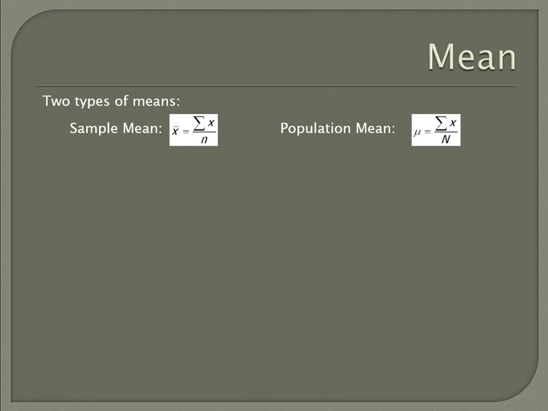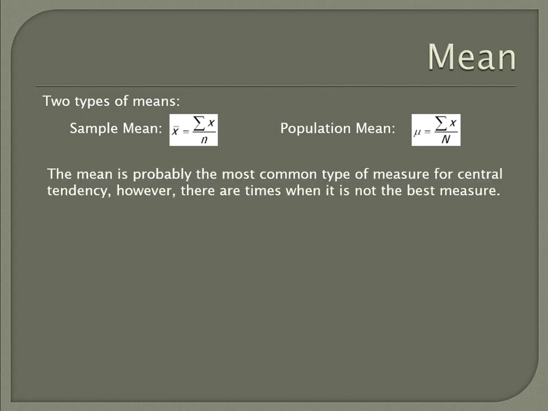But both of these operations are basically the same, so we don't really see much of a difference between them right now, but later on in the class it will actually become important which one we're referring to. The mean is probably the most common type of measure for central tendency. However, there are times when it's not the best measure.